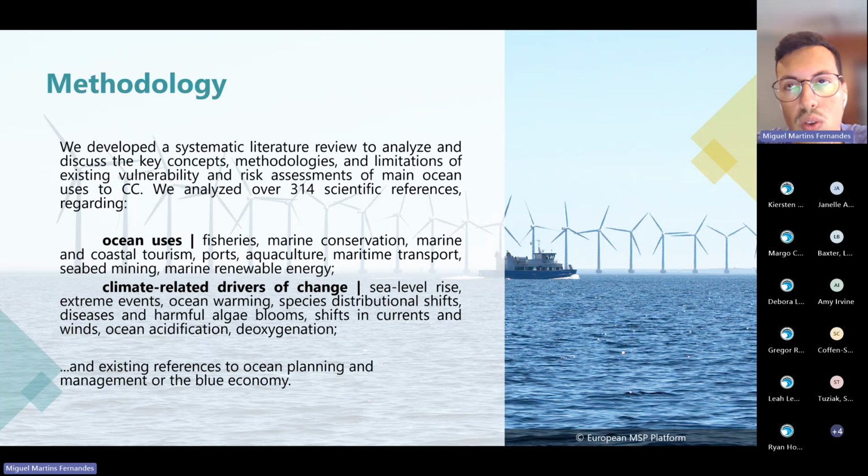And then also the most known climate-related drivers of change, being sea level rise, extreme events, shifts in currents and winds, ocean acidification, and so on.